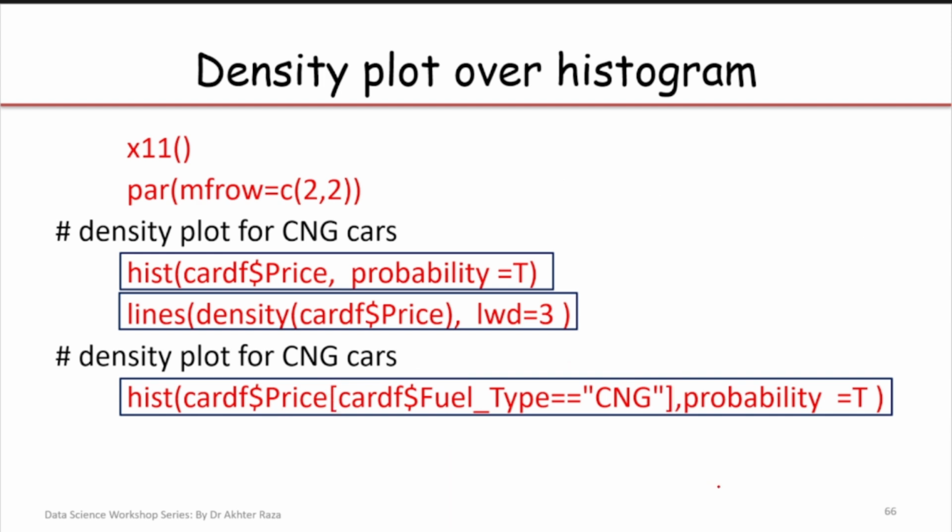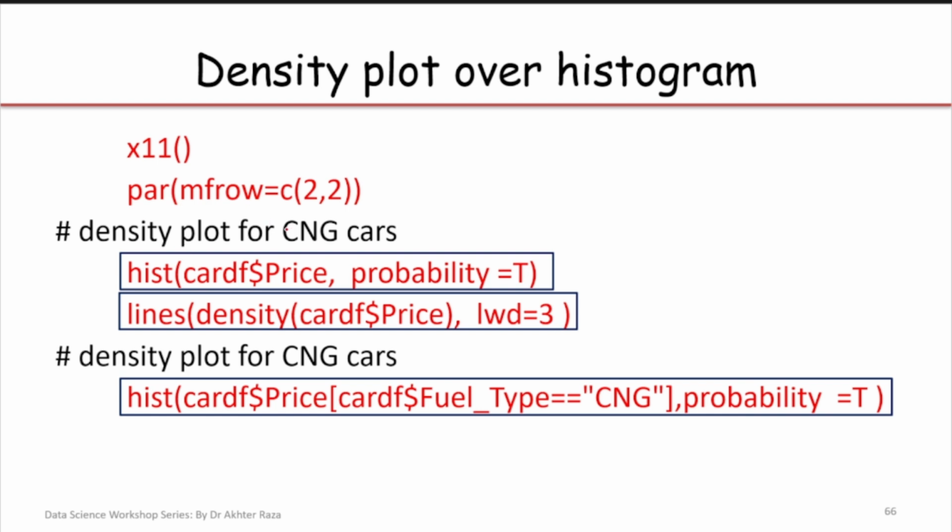So the first graph is of the entire data, the second graph is for the data of CNG cars. Similarly, I can change this CNG to diesel, and another graph will be generated. Then petrol. So we can generate the total graph with the remaining 3 graphs, right?